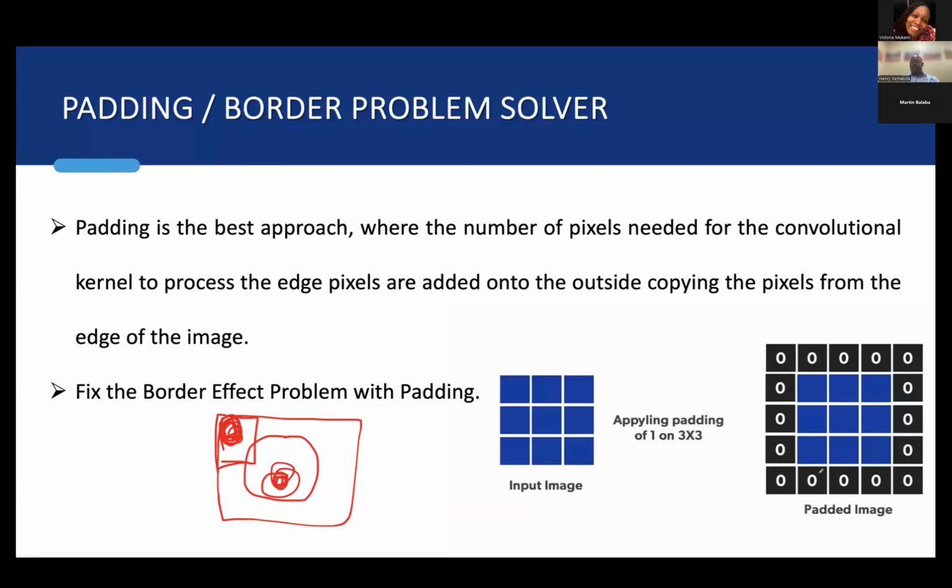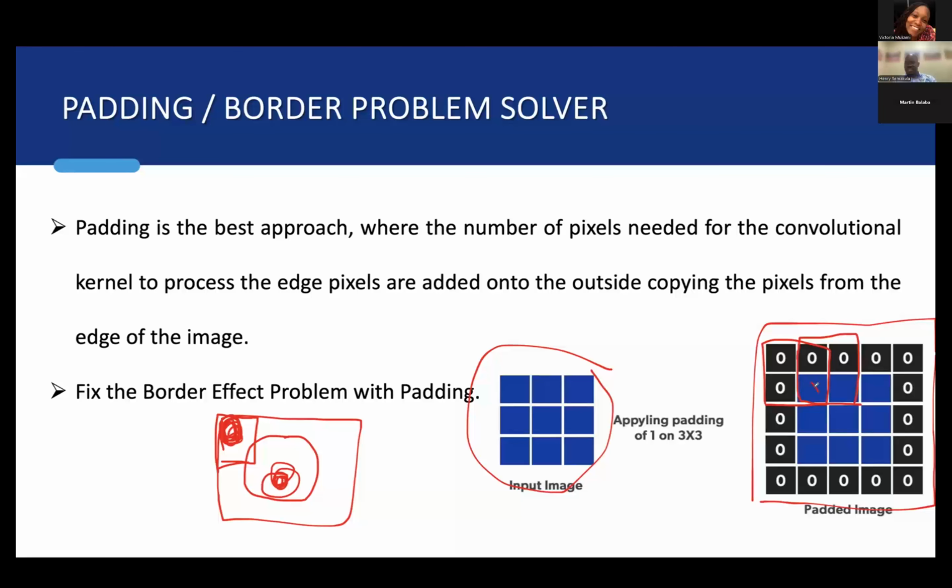In other words, we apply padding of 0 pixels on our image. Remember, this is going to be our input image, and we are just applying padding onto that image. So when we come to extract features from this image, maybe if I'm going to use a filter of 2x2, I'll put my filter here and perform the convolution operation, and I shift it again. I put it here and perform the convolution operation.